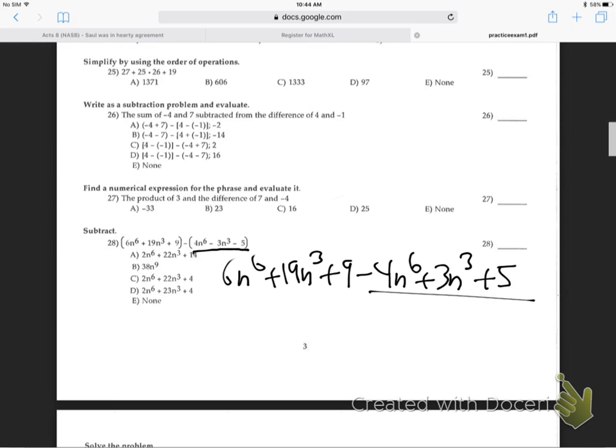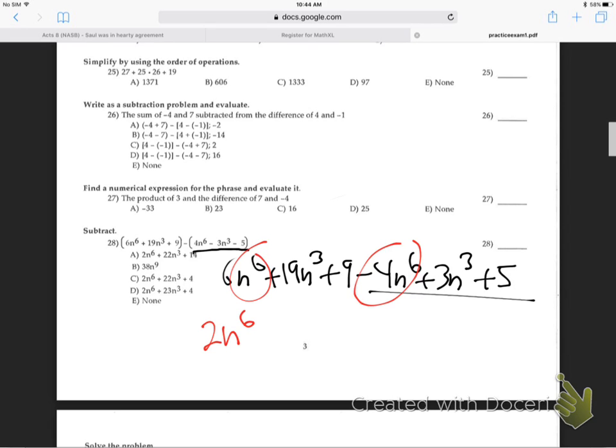Changes all three. Okay, now we need to gather like terms. So there's this thing and this thing, right? So multiplying is over, and now I'm just adding, subtracting. So 6n to the 6th minus 4n to the 6th is 2n to the 6th.